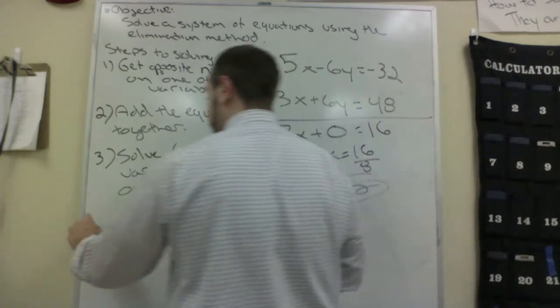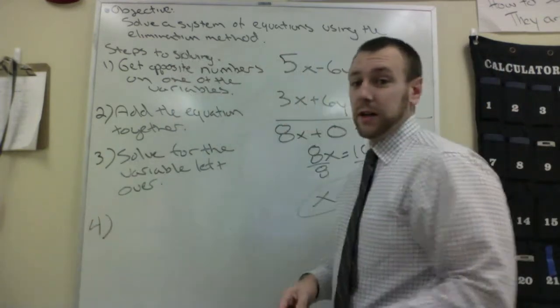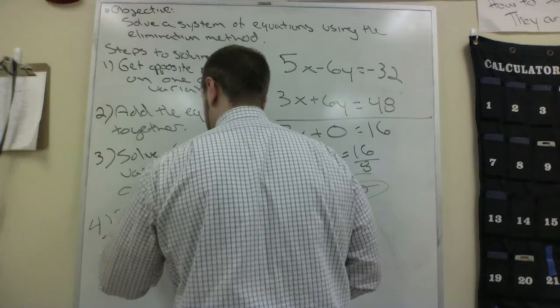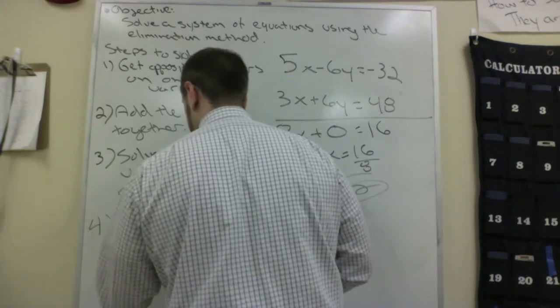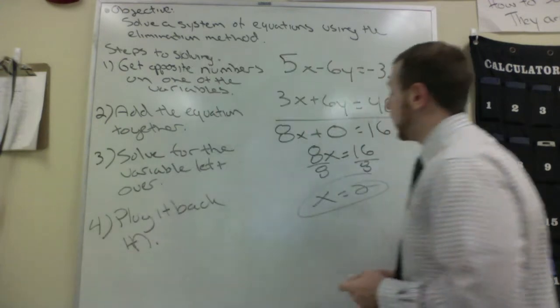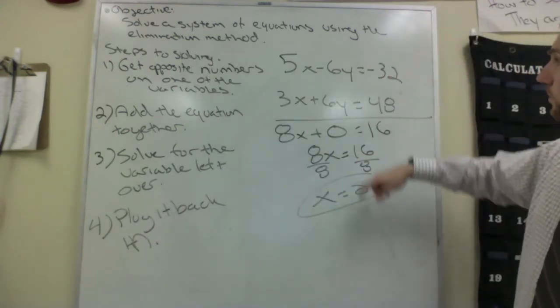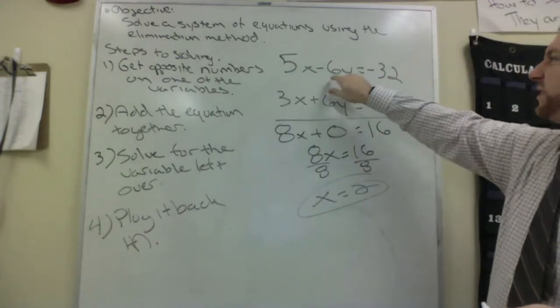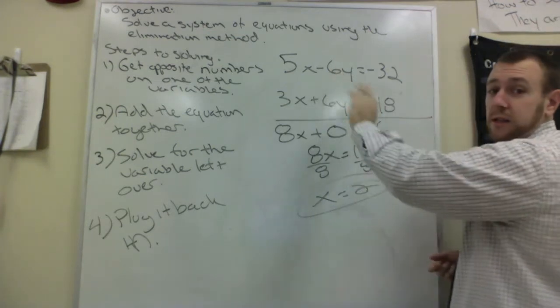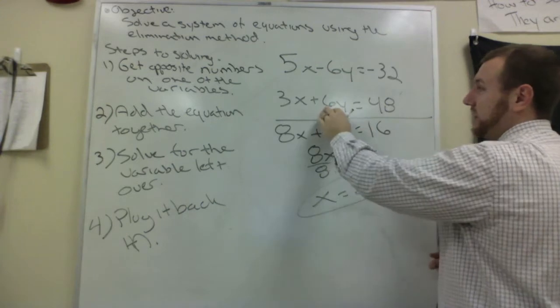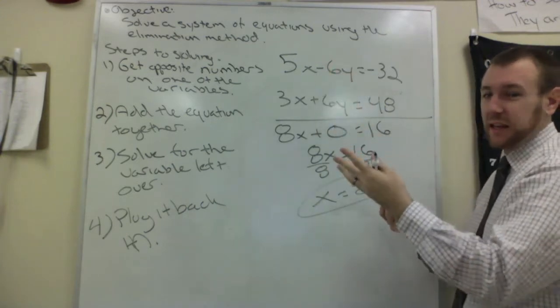Step 4 is always to plug it back in. Okay, so I'm going to take this x equals 2, and I'll plug it in, let's say here. Actually, I'm not going to plug it in here because this one has negatives in it. I want to plug it into something with positives, so it's easier.